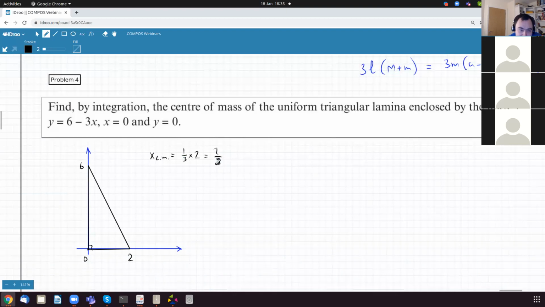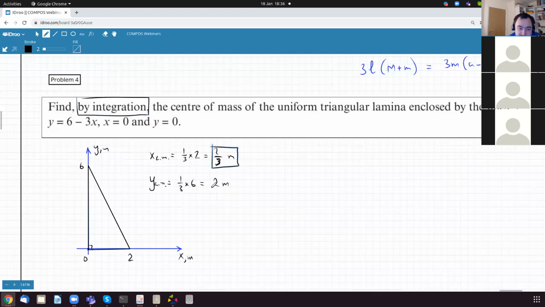Okay, I have to introduce units, meters. So 2/3 meters. So it's a large lamina. And y center of mass is 1/3 times 6, which is 2 meters. So we already solved the question, but it says by integration. Well, okay, but at least we know what we're looking for.